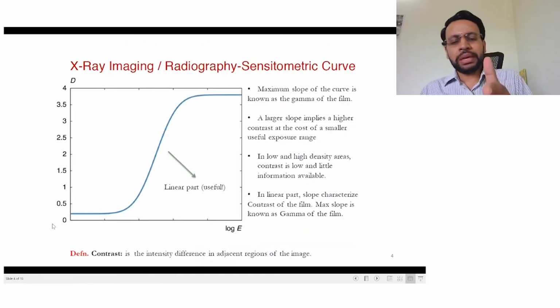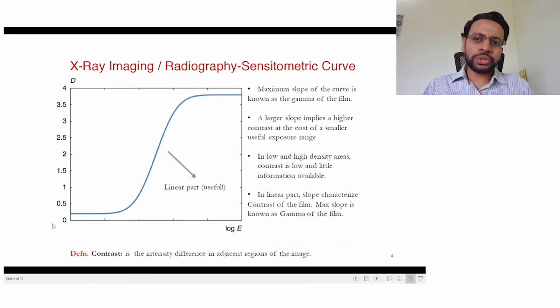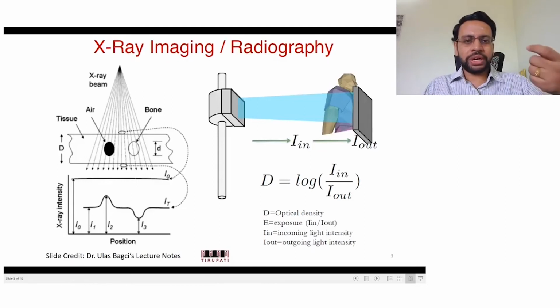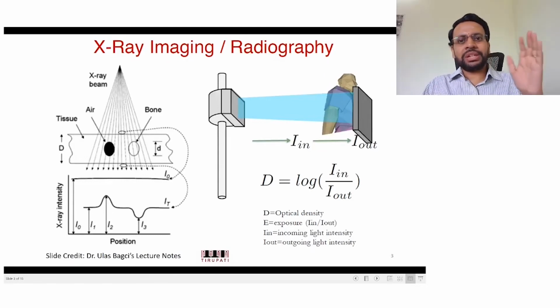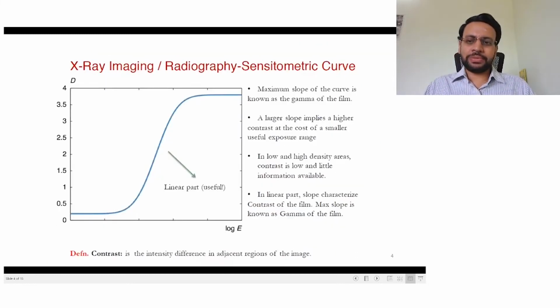So these are the typical graphs that would be used for transforming these values, which is the ratio of input intensity to the output intensity, to the value that you see either on the digital film or X-ray film. This is, by the way, on a logarithmic scale.